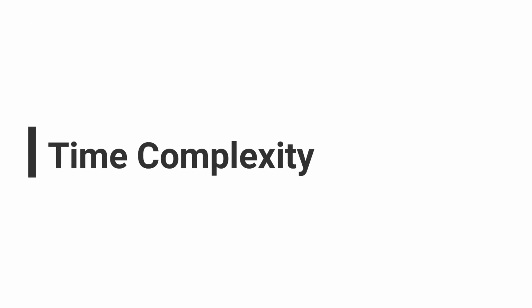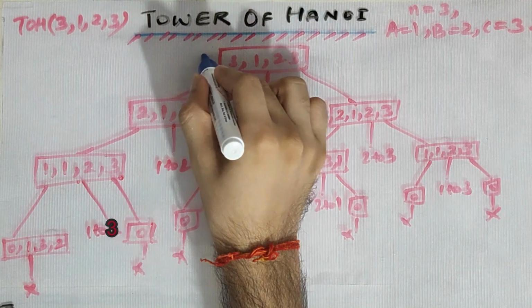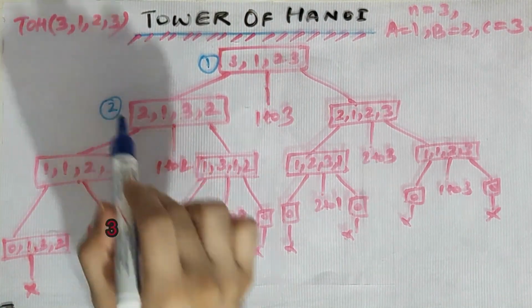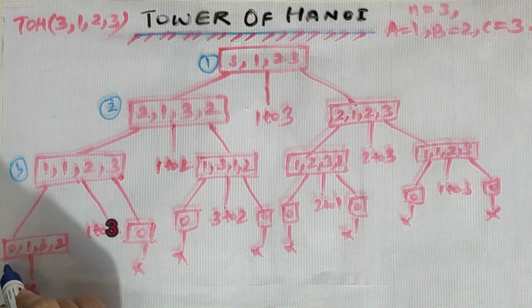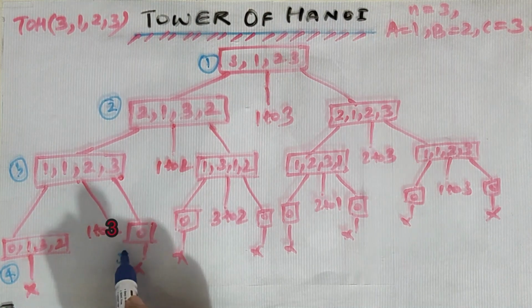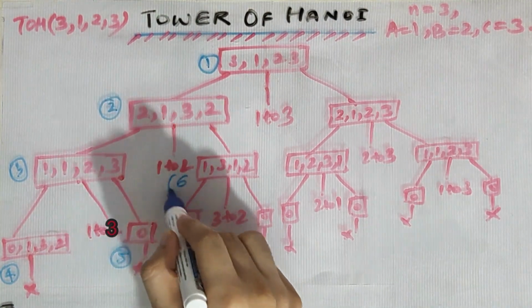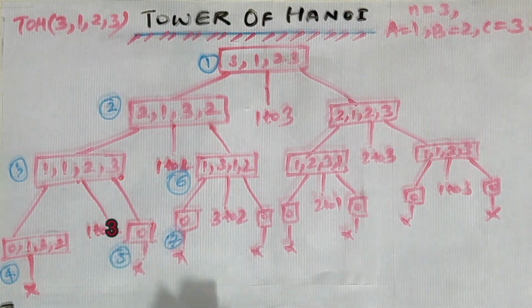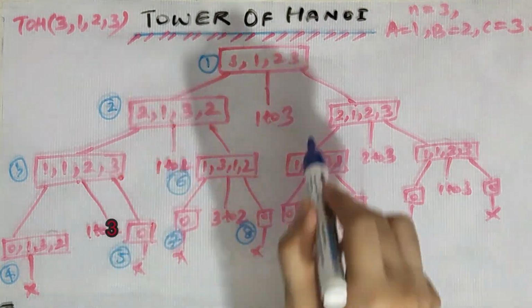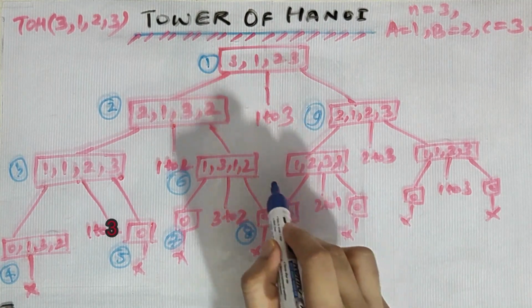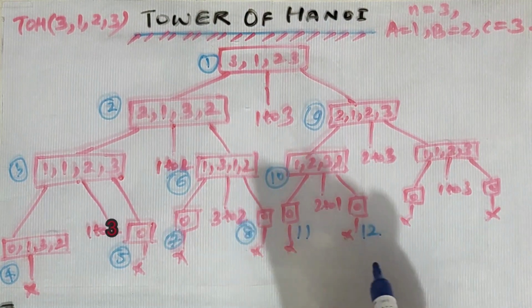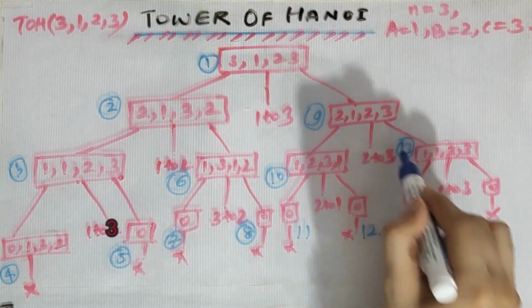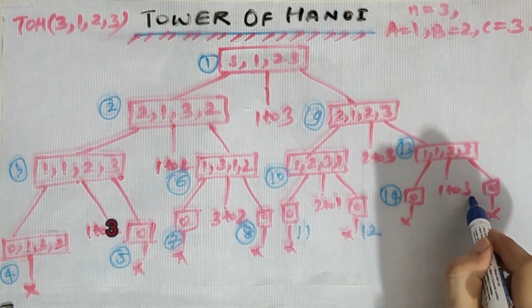Now let us analyze the time complexity of the TOH function. So it is the first call, second call, third call, this is the fourth call, then this is the fifth call, sixth call, seventh call, eighth call, ninth, 10th, 11th, 12th, 13th, 14th, and 15th.